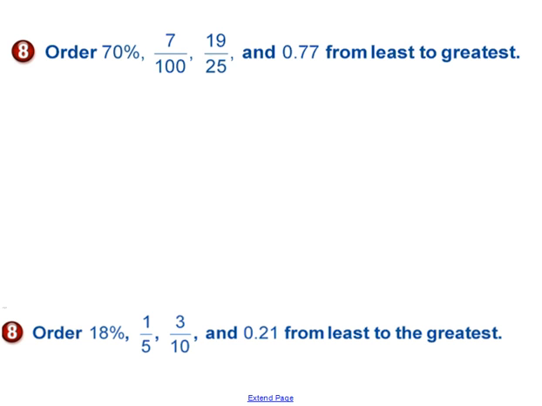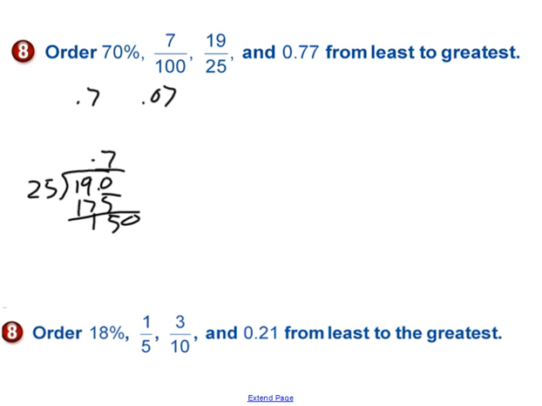Put these in order from least to greatest: 70%, 7 out of 100, 19 out of 25, or 0.77. I'm going to work them all out to be decimals. So 70% becomes 0.7. 7 over 100 becomes 0.07. 19 out of 25, 25 divided into 190. 25 would go in there 7 times, 7 times 25 would be 175.